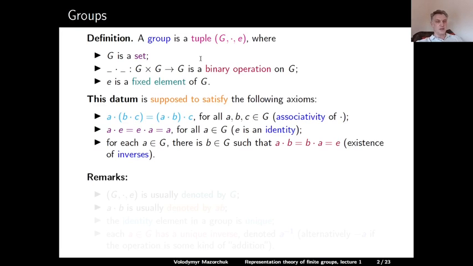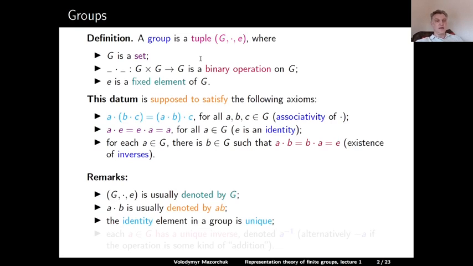A couple of remarks. First of all, one usually denotes a group by its underlying set, G. So the group is a tuple which consists of G, the operation dot, and the identity E, but one usually shortens this notation just to G. Then A dot B is usually written as AB.